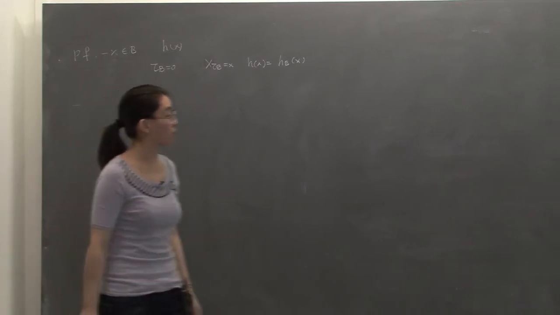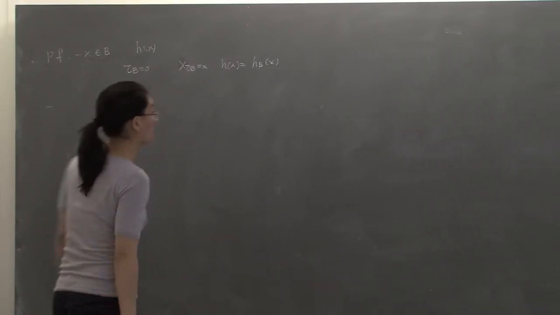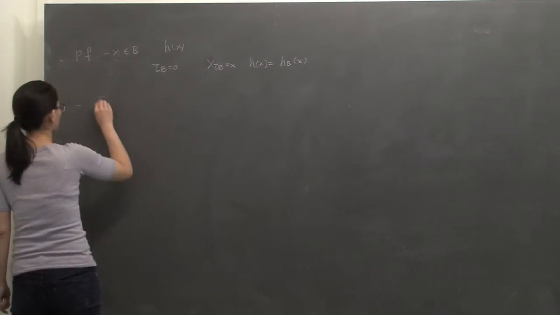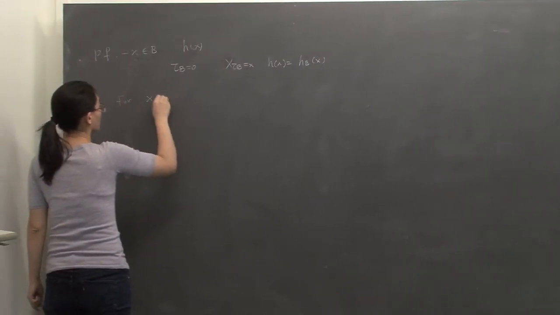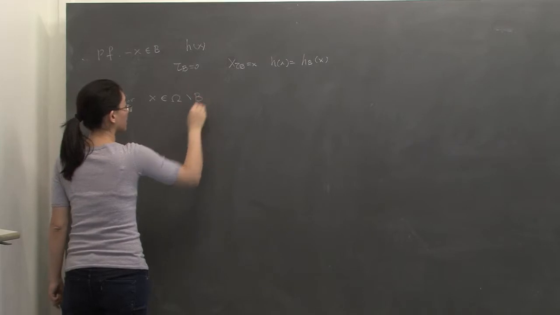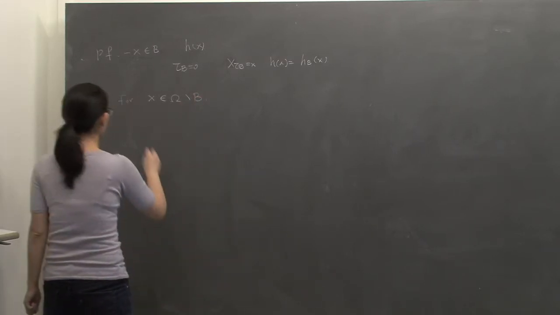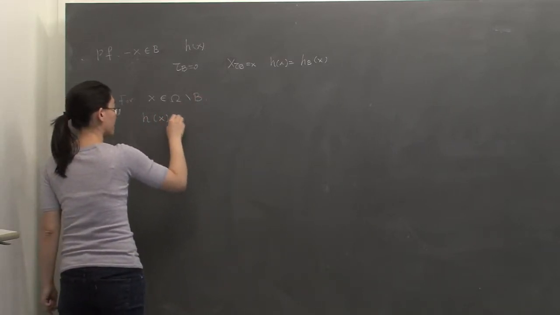Second, we show that for a vertex outside B, this h is harmonic. So for x outside B, what happens to this hx?